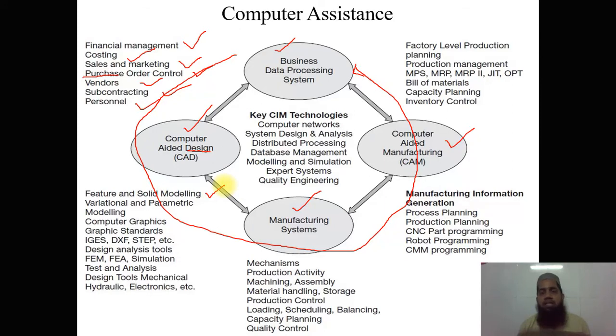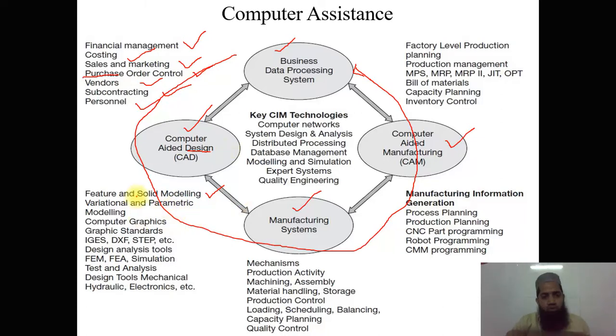After the conceptual data is ready, it is sent to the computer aided design department, which does the solid modeling of that product. If something is required, they can call back to the business data processing department.